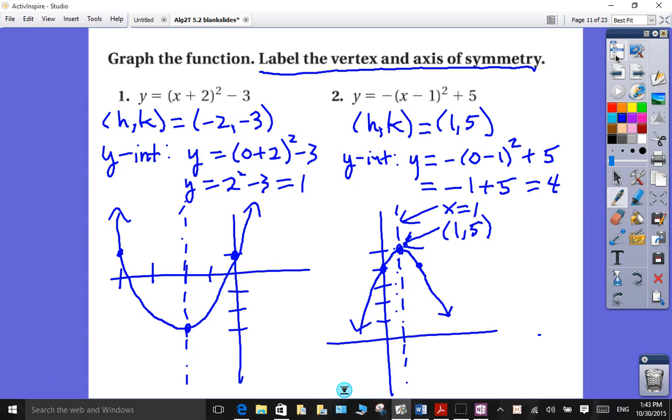If I want this to be of the form ax squared plus bx plus c, what would I do? FOIL x plus 2 times x plus 2, and then minus 3. Right? If you're asked to go from a vertex form to a standard form, it just means FOIL that, combine like terms. Done.